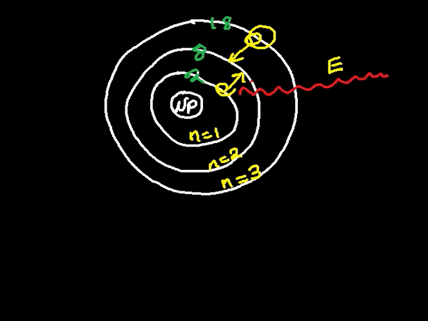And now, how can you have the frequency of the emitted waves? Frequency, which is symbolized as V, is given as the speed of light divided by the wavelength.